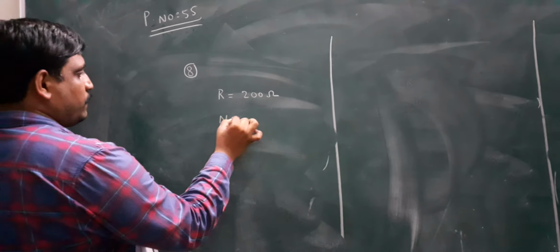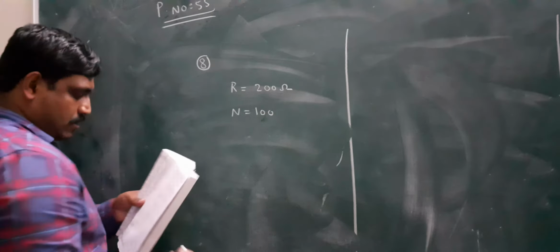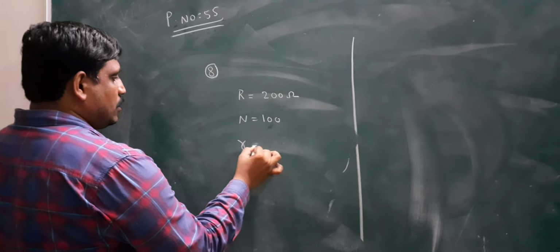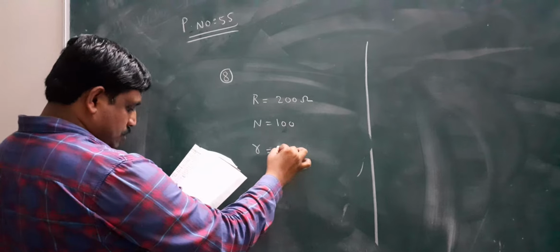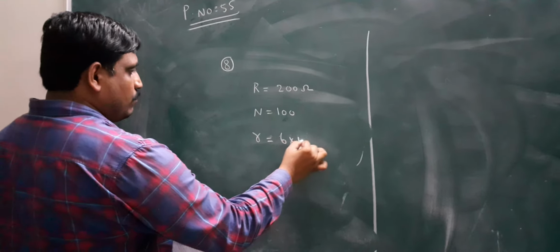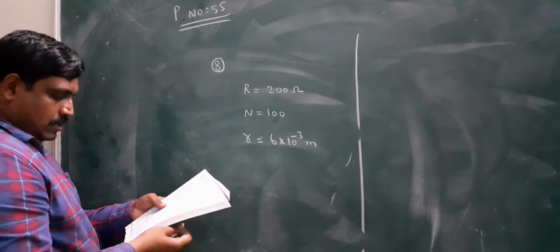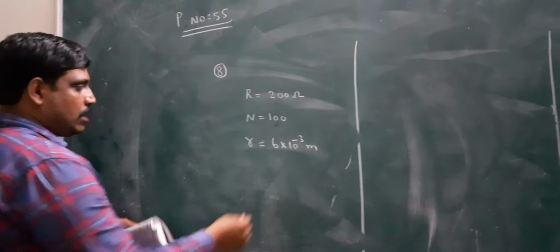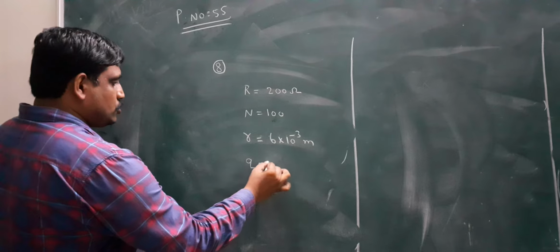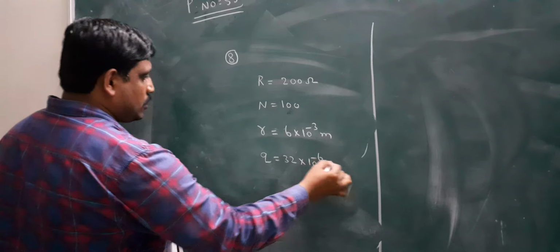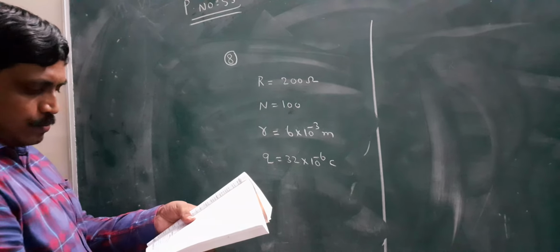The number of turns is given as 100, the radius of the circular coil is 6 mm, which means 10 power minus 3 meter, and the charge is 32 micro, which means 10 power minus 6 coulomb.